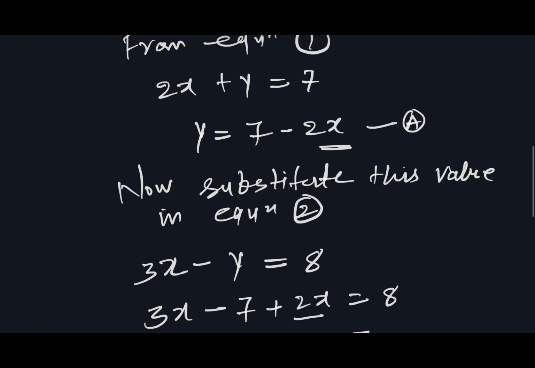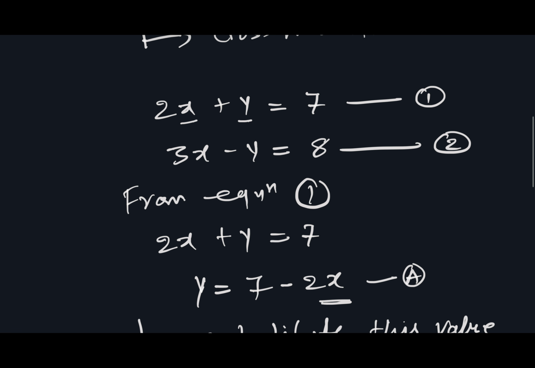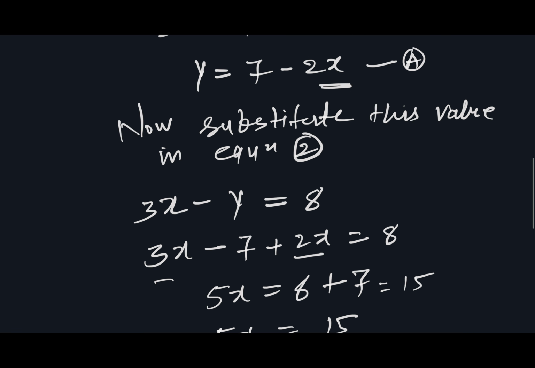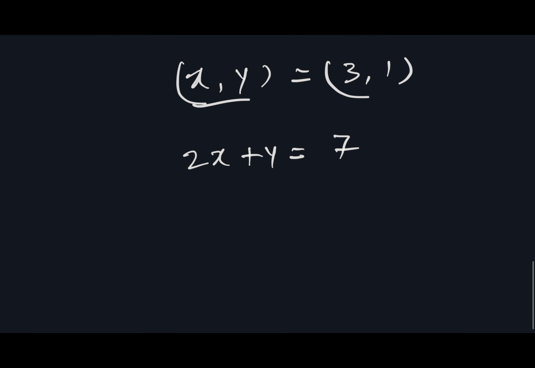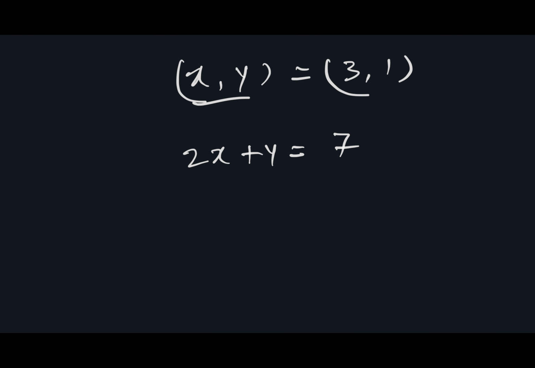Now if we put the values 3 and 1 in equations 1 and 2, we will see that LHS is equal to RHS. Let's cross verify it. We have equation 2x plus y is equal to 7. Just put the values of x and y in the LHS. So 2 into 3 plus y, which is 1, gives 6 plus 1 is equal to 7.